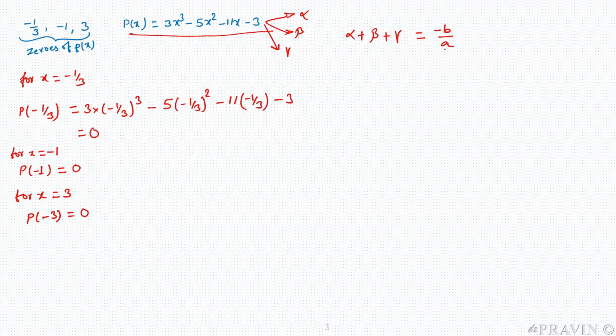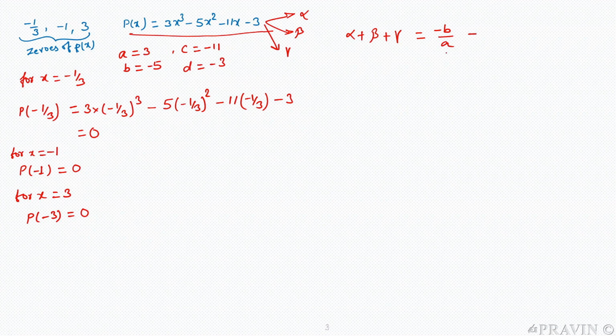Before proceeding, just write all the coefficients. A is the coefficient of x cube, which is 3. B is the coefficient of x square, which is minus 5. C is the coefficient of x, which is minus 11. And D is the constant term, here it is minus 3.